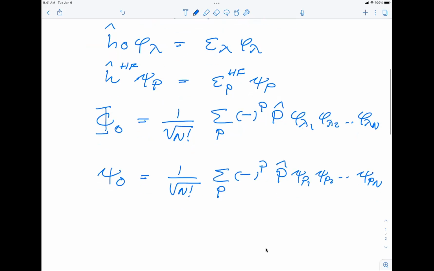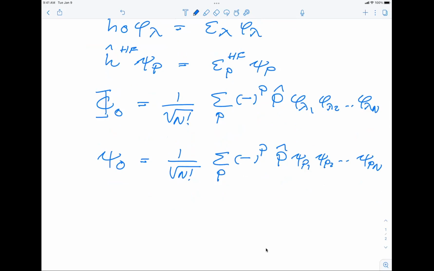This Slater determinant is based on an n times n matrix, and the same with phi 0. So the two objects are now the different ansatzes for the ground state. And here, we should now put this HF, to indicate that these are the Hartree-Fock states.